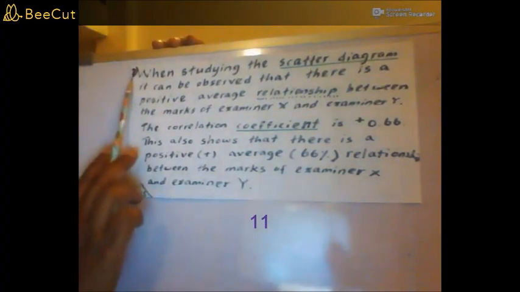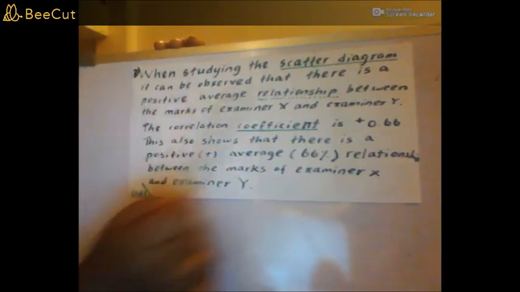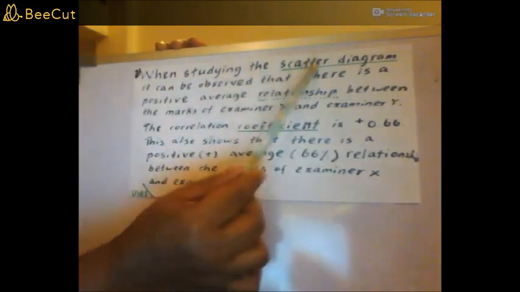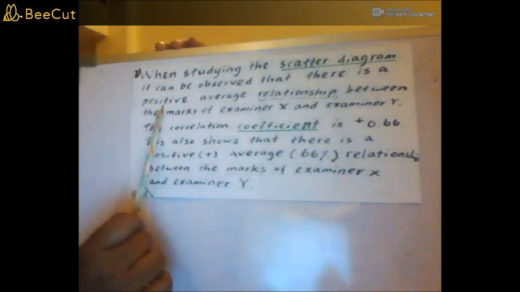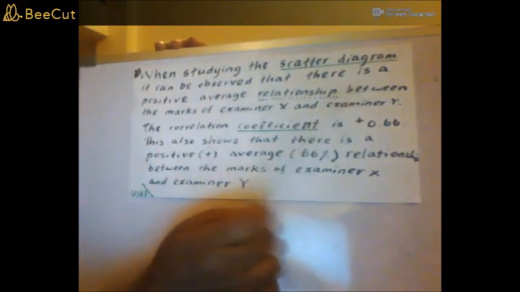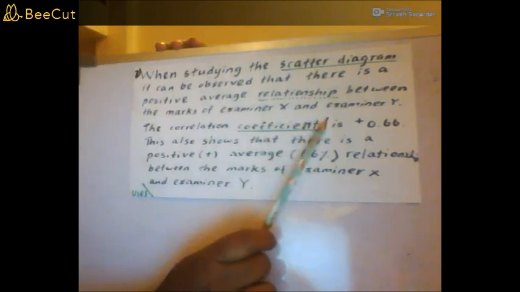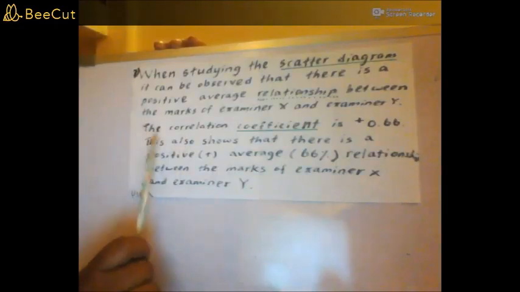So this is the third part of the answer. We are referring now to the scatter diagram. When studying the scatter diagram, it can be observed that there is a positive average relationship between the marks of examiner X and examiner Y. Then the second part, you write it like this.